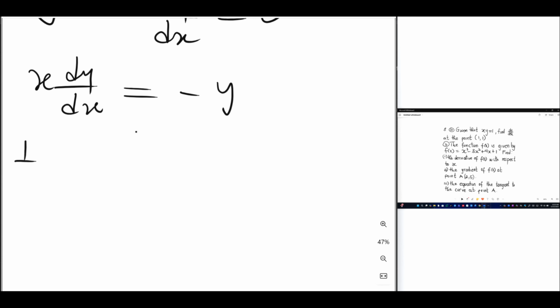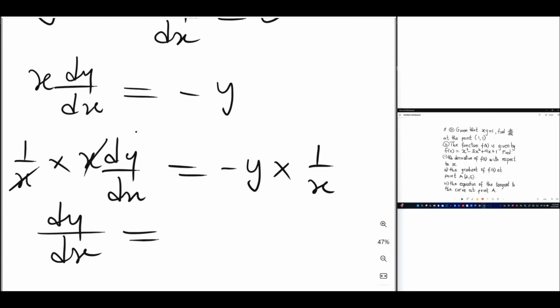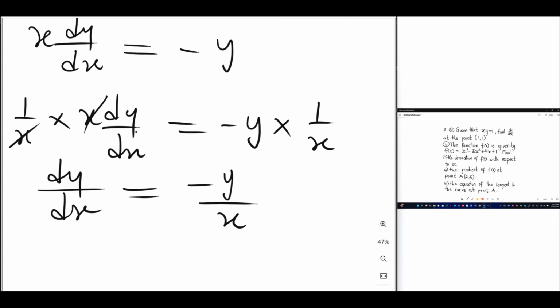So 1 divided by x times x dy/dx, and negative y also multiplying 1 divided by x. The x cancels, so we are left with dy/dx equal to negative y divided by x. Alright, so this is our dy/dx.